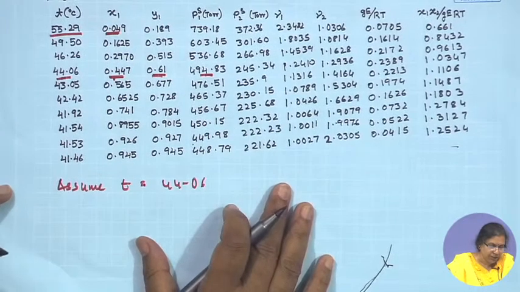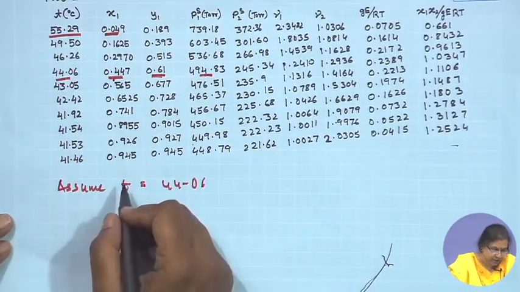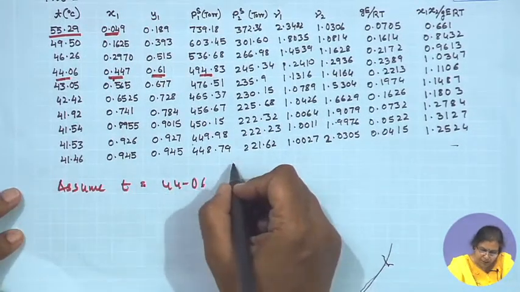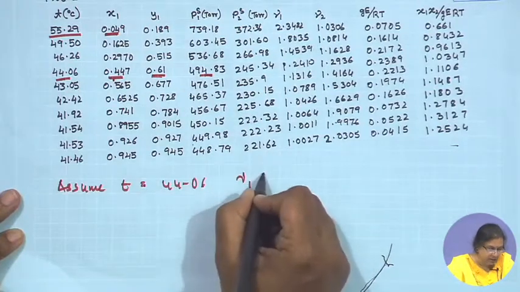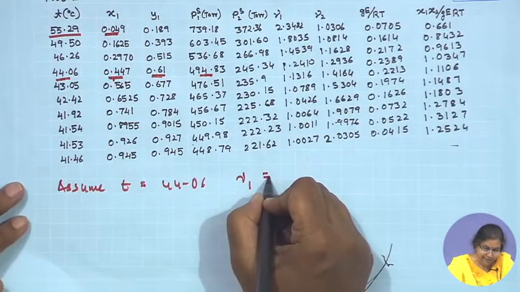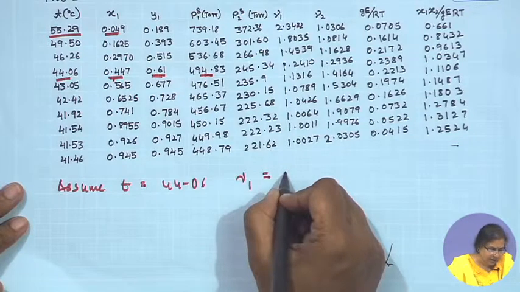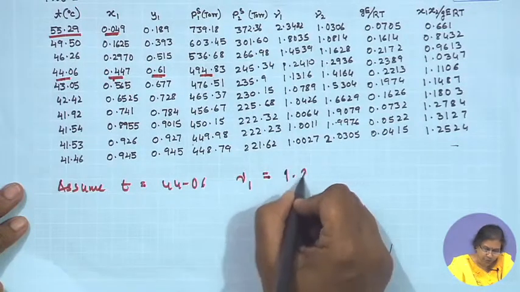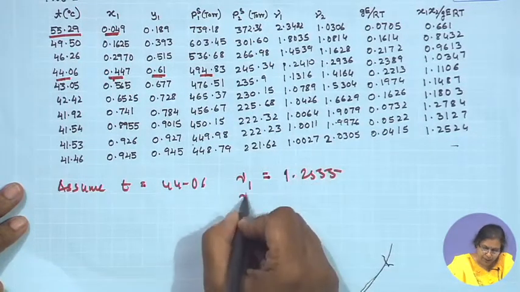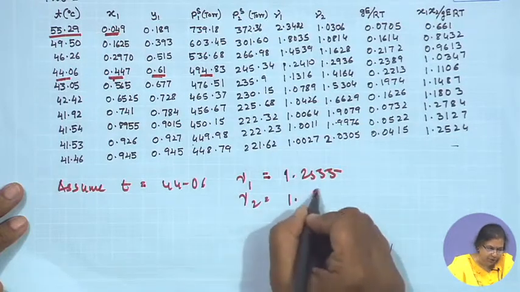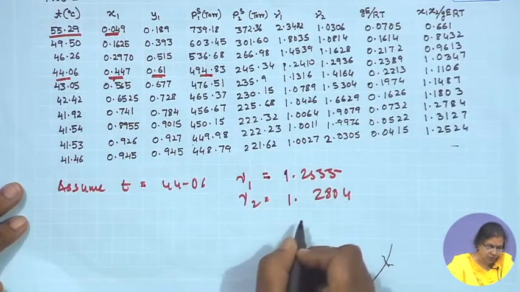So, therefore, from here we are in a position to find out that for this particular case, gamma 1 is equal to 1.2555, gamma 2 equals to 1.2804, right.